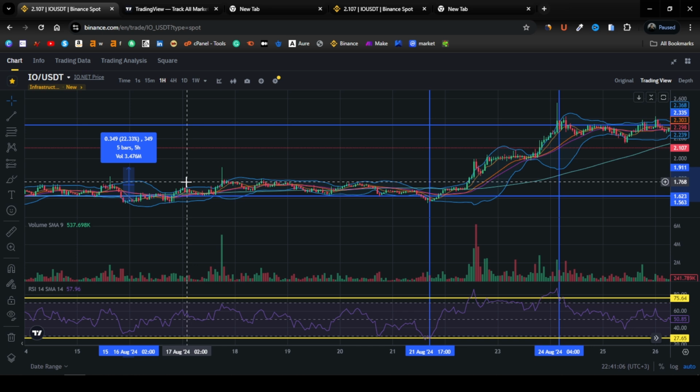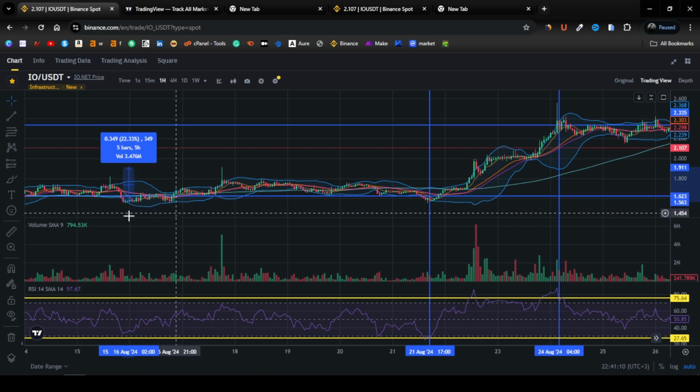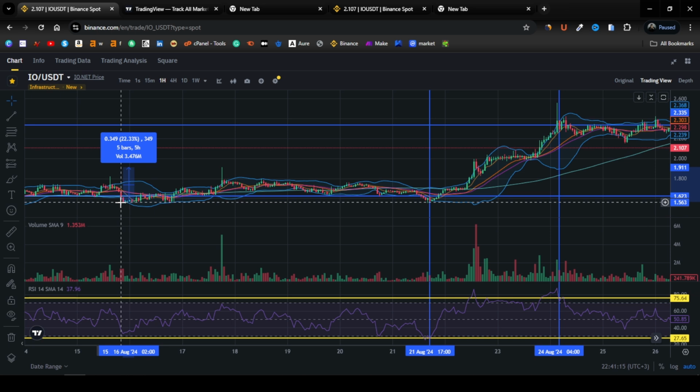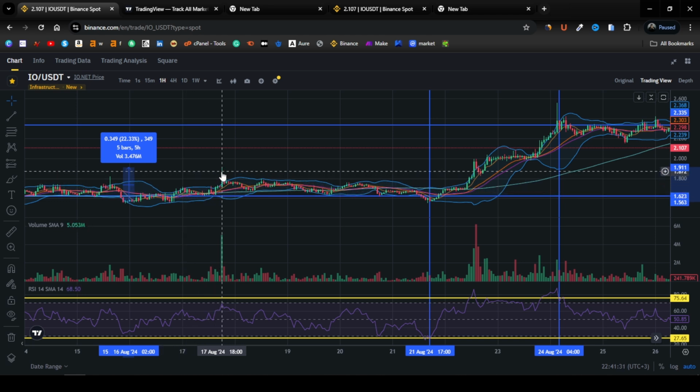You don't have to sell when the prices go down, because you can see here, after buying at these points, which was 1.5, the price went high and then the price came down. So maybe at this point you could have been tempted to sell, not realizing that the price is going to go high again and even go a bit low and then go high all of a sudden.